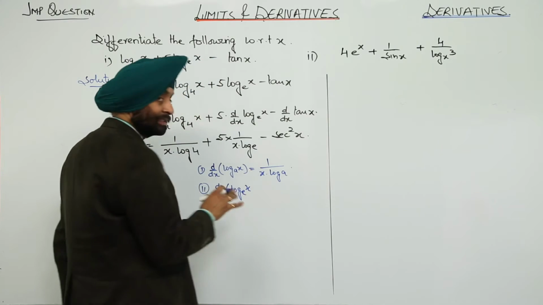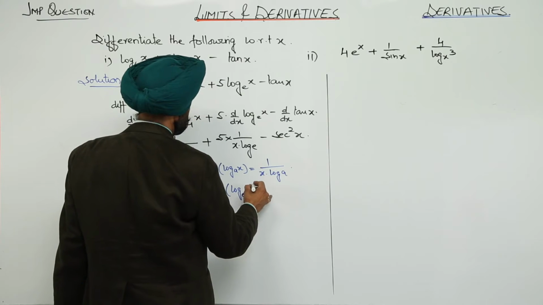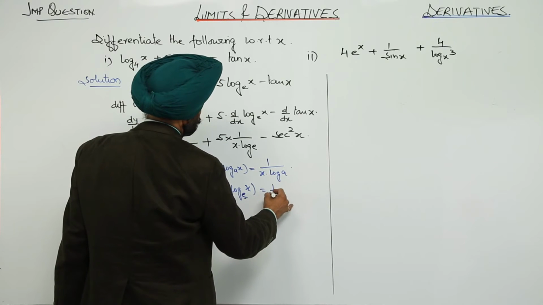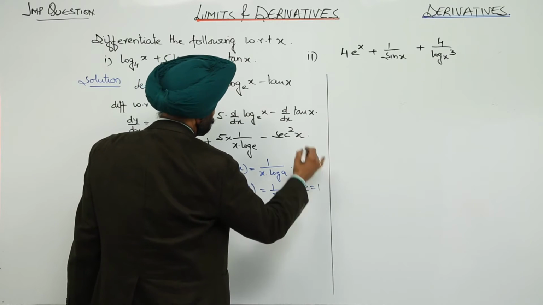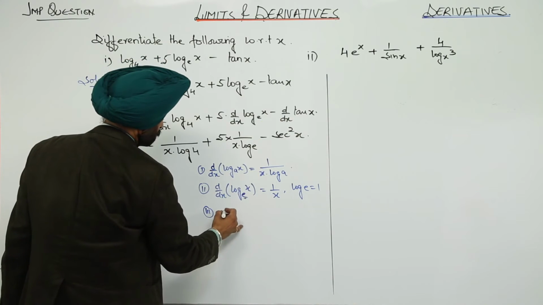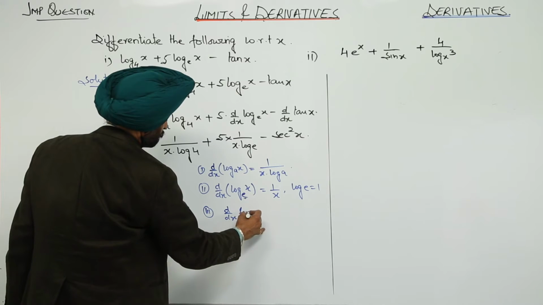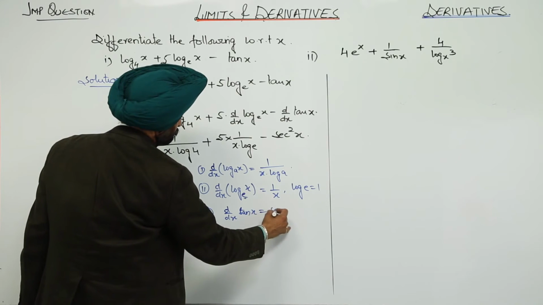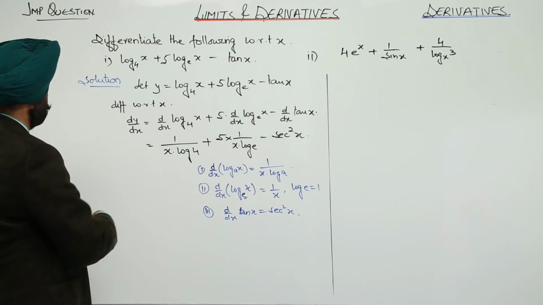Okay, base is e, is it clear? You can just write it here, the base is e. This is equal to 1 upon x, where log e is equal to 1. And number 3, we have used d by dx of tan x. This is secant square x.